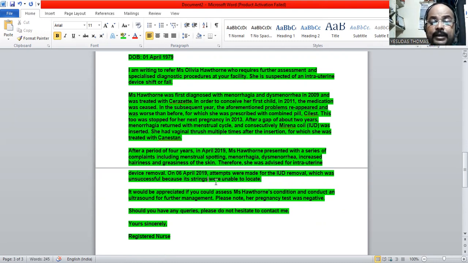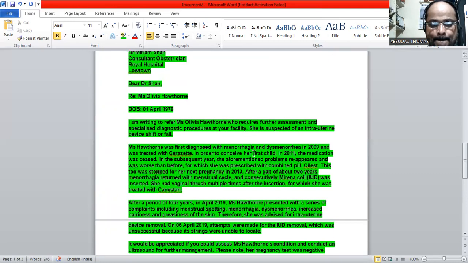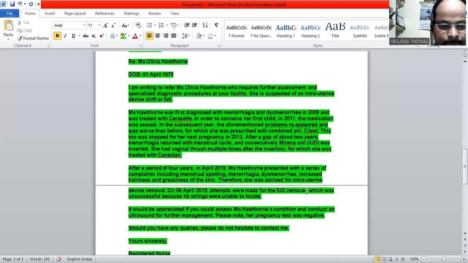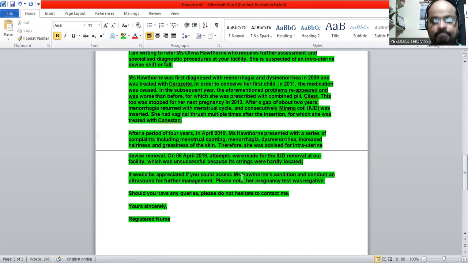So on 6 April 2019, attempts were made for IUD removal, at our facility, which was unsuccessful because its strings were hardly located. Hardly means not located.